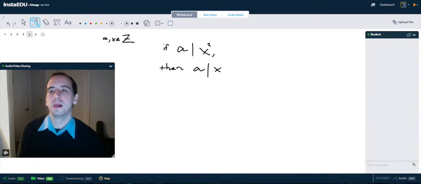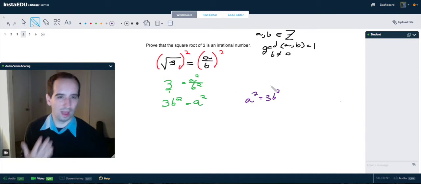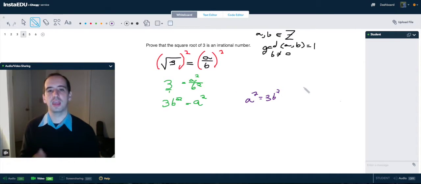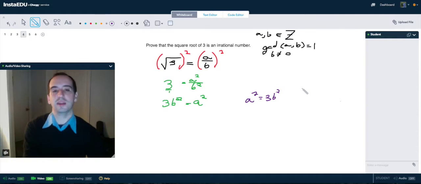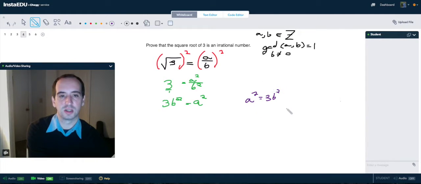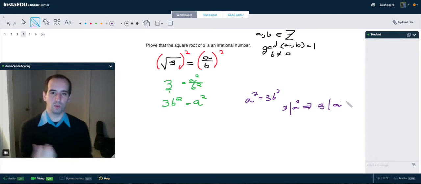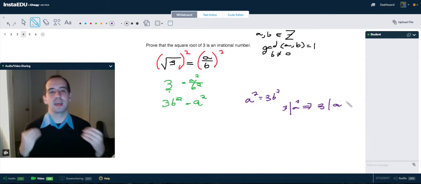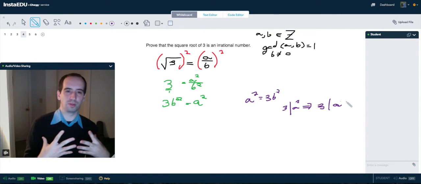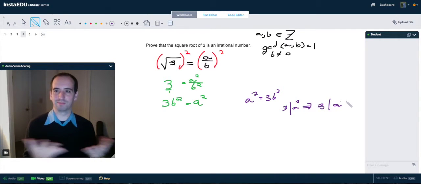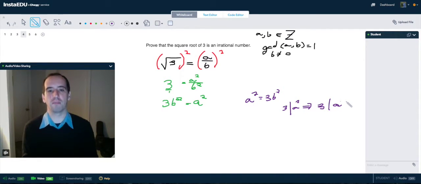All right, so how does that help us? Well, if 3, in this case, divides a squared, then it follows that 3 divides a. So what does that mean? Well, that means that a is a multiple of 3. Okay, so we know that.